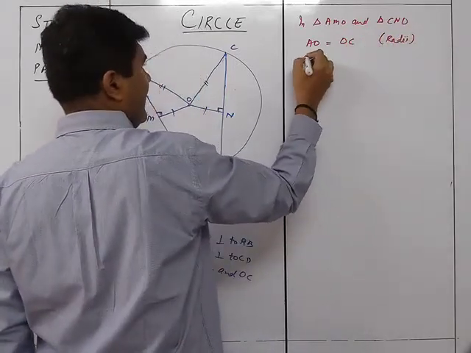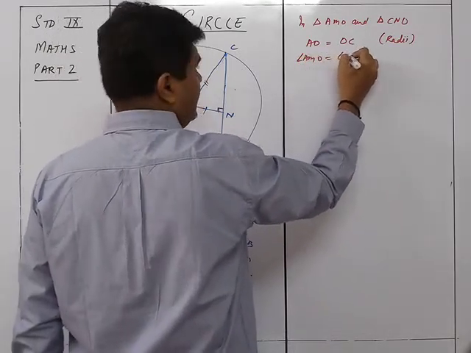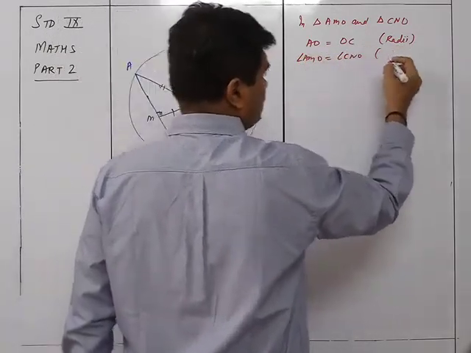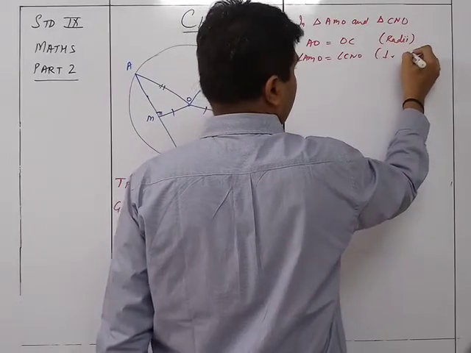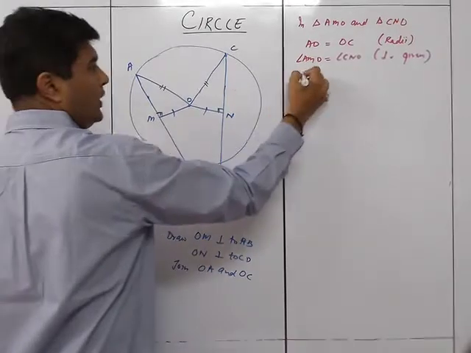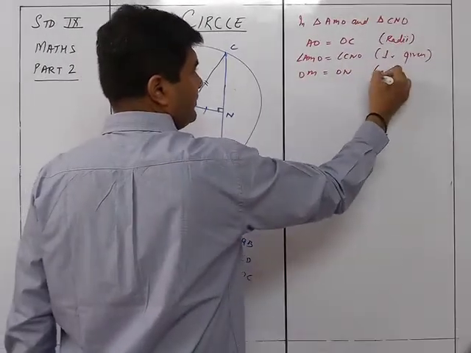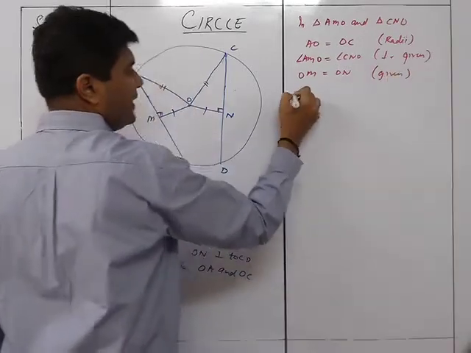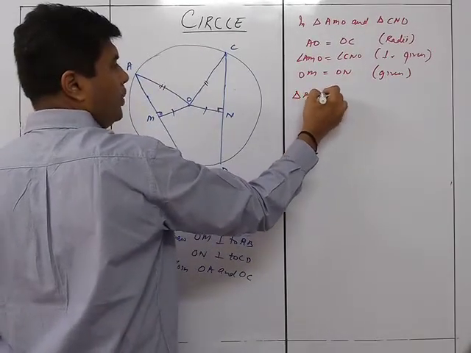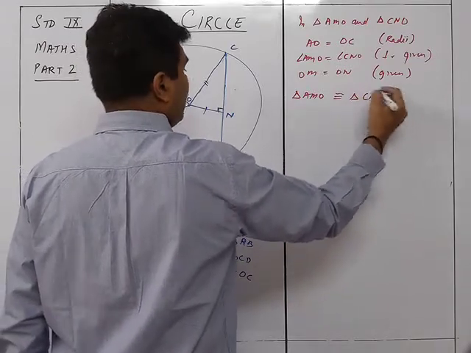The next is angle AMO is equal to angle CNO, because it is perpendicular, given. The next is we have OM equal to ON, which is given. Accordingly, we have triangle AMO congruent to triangle CNO by the test.